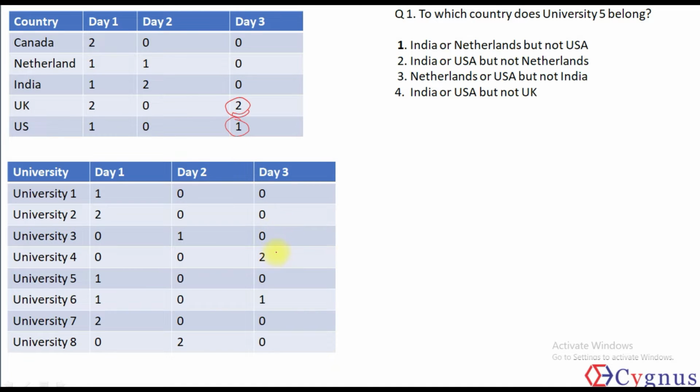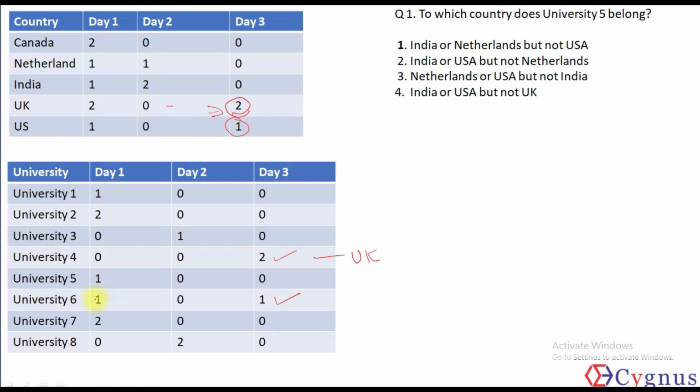And similarly, if you look at this university column, there were 2 visitors from University 4 and 1 visitor from University 6. So can we say University 4 is located in UK? Look at this one. 2 visitors from UK on day 3 and day 3, 2 visitors from University 4. That means this University 4 is located in UK.